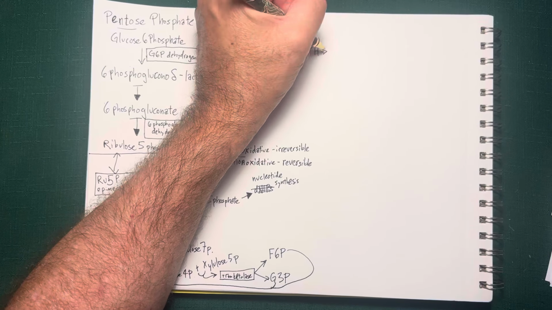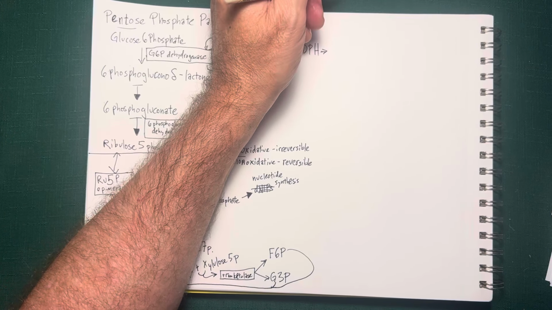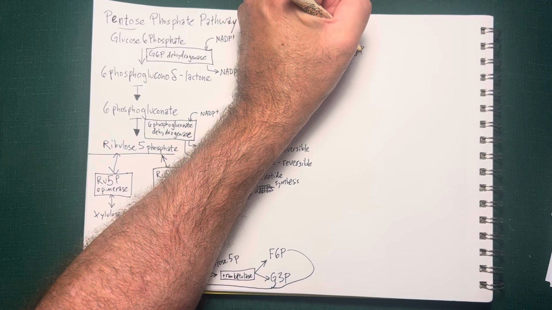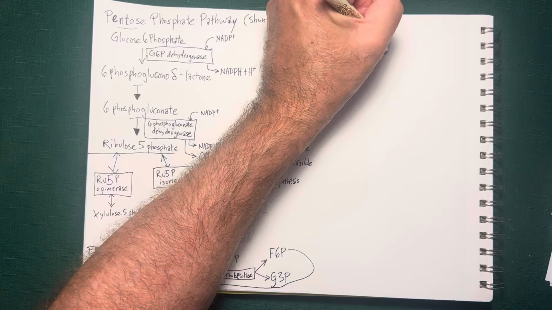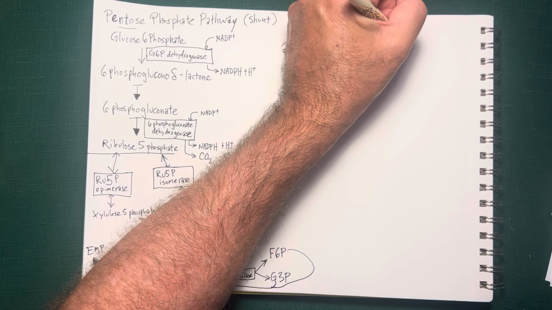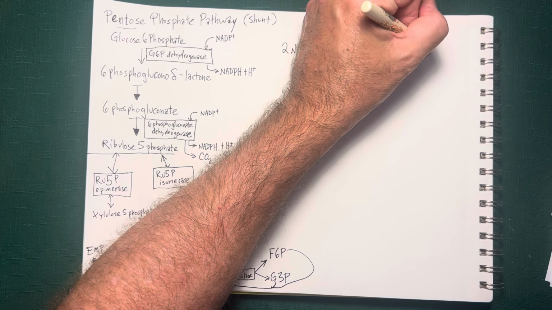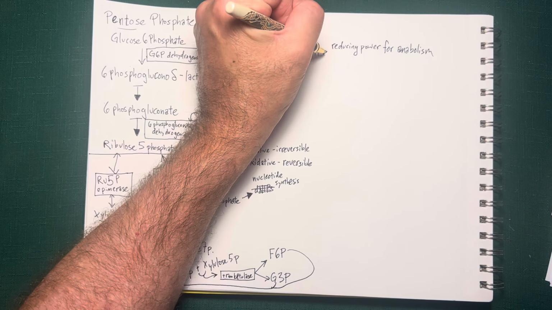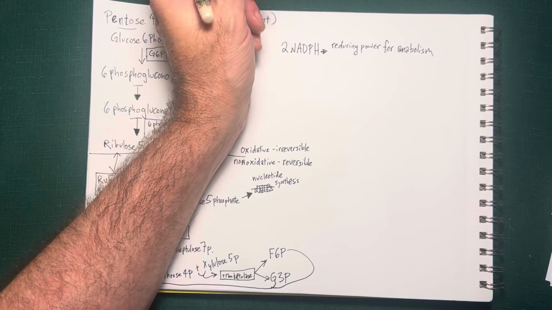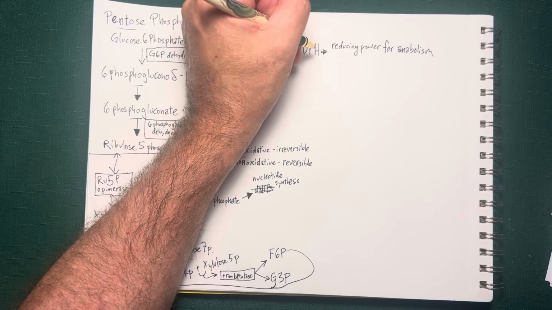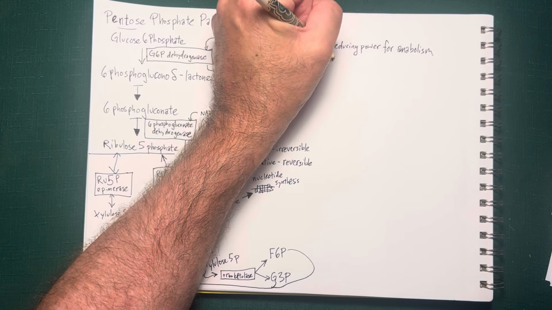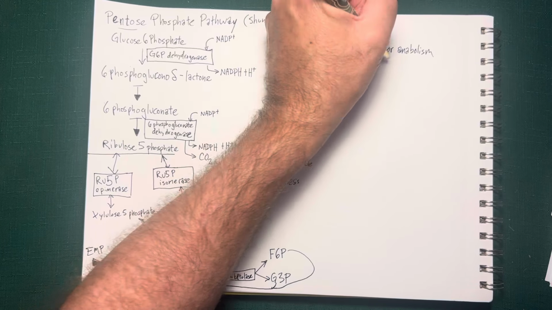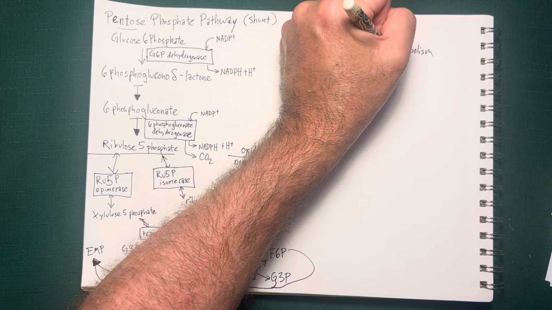So this does a couple of things. One, it is reducing power for anabolism. So we can build up more complex molecules from simpler molecules. We can make polymers. The other thing is reducing power for antioxidant activity.